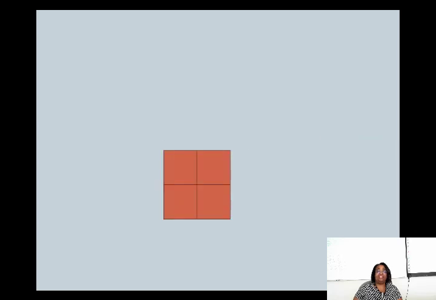Now the opposite of a power or an exponent is a root. You can have square roots, cube roots, fourth roots, fifth roots, up to infinity roots, okay? But most of us will only do square roots or cube roots or fourth roots. So you have to work it backwards.